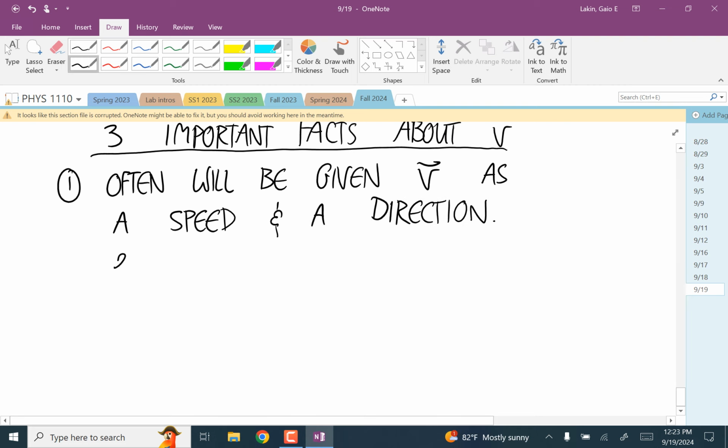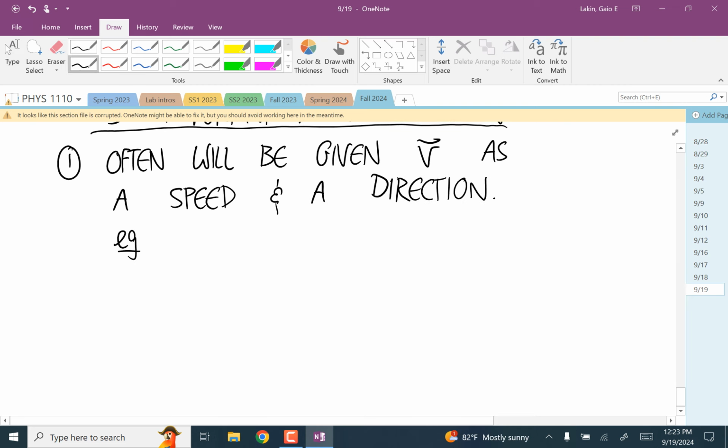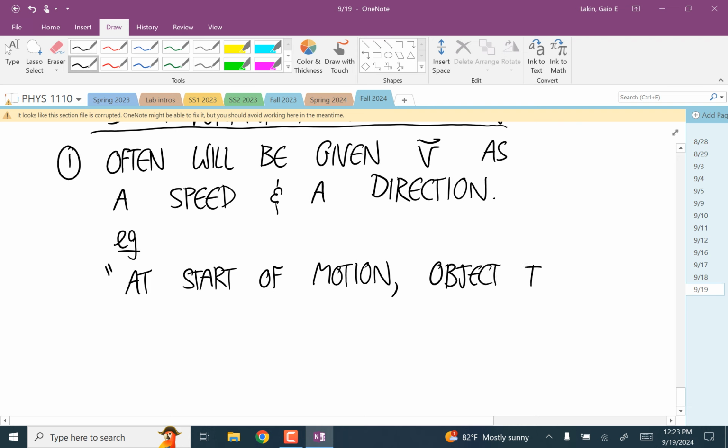So for example, a problem will say, at the start of the motion, the object is traveling at 10 meters per second at an angle of 30 degrees above the horizontal.